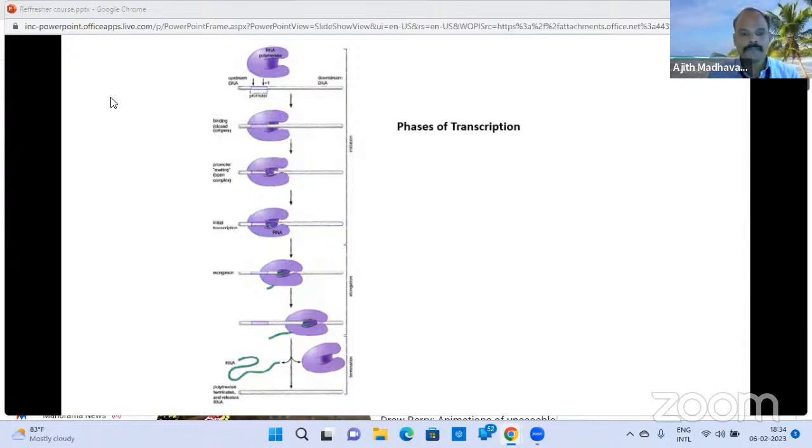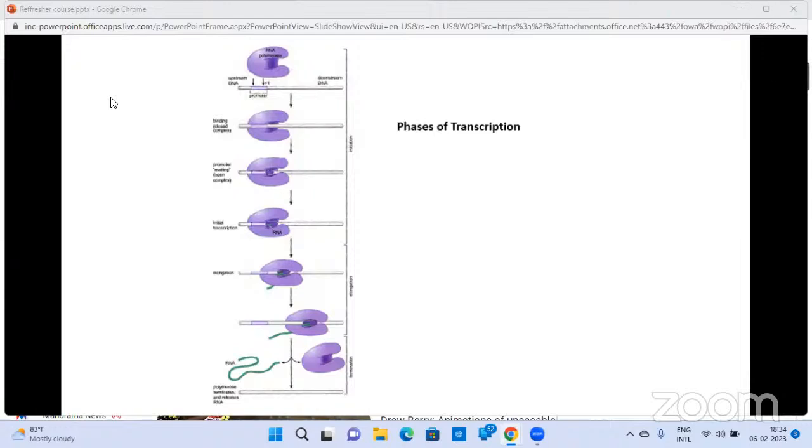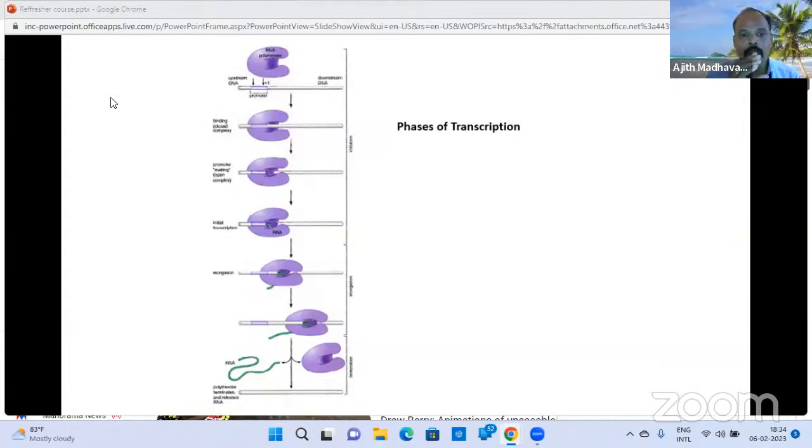So the first step is called initiation. After that, the polymerase starts moving from the promoter to the stop point or the termination site.